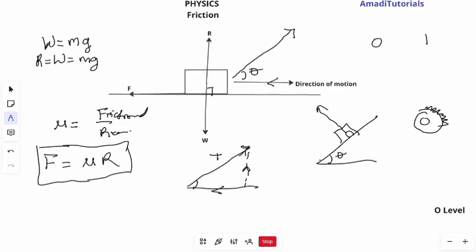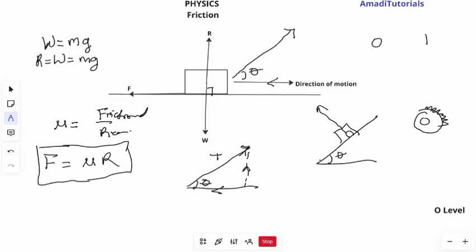So here will now be your theta. So sometimes you may be given a question where you have a block of mass resting on a horizontal plane, and then the force being applied on it is at an angle. So you have to resolve it into your triangle of forces like this, and then use any of the trig ratios that will give you that.